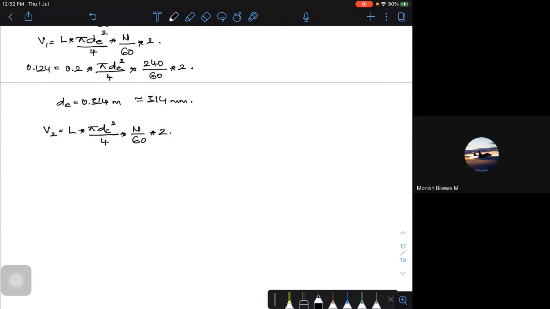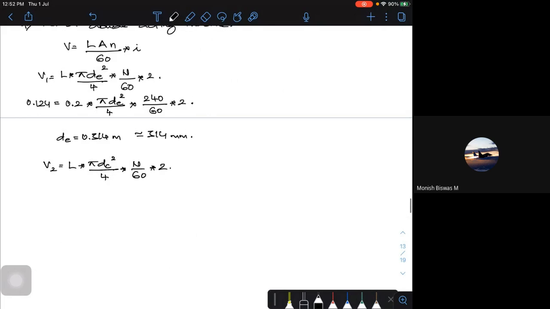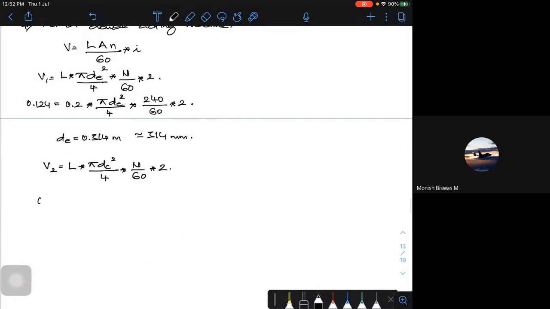So 0.184 is equal to 0.2 into pi into dc square by 4 into 240 divided by 60 into 2.